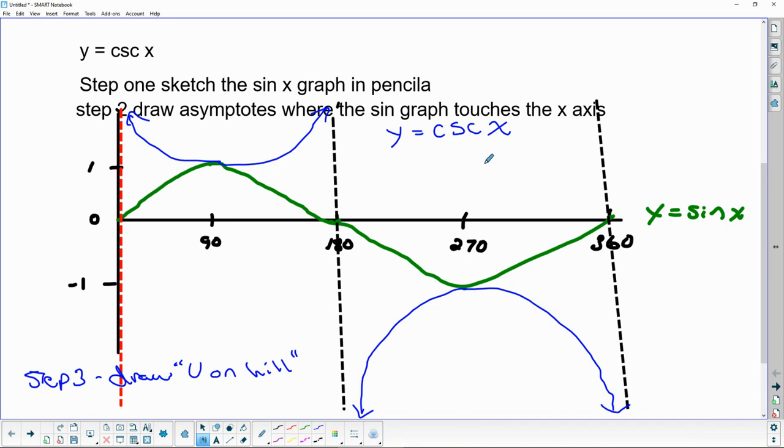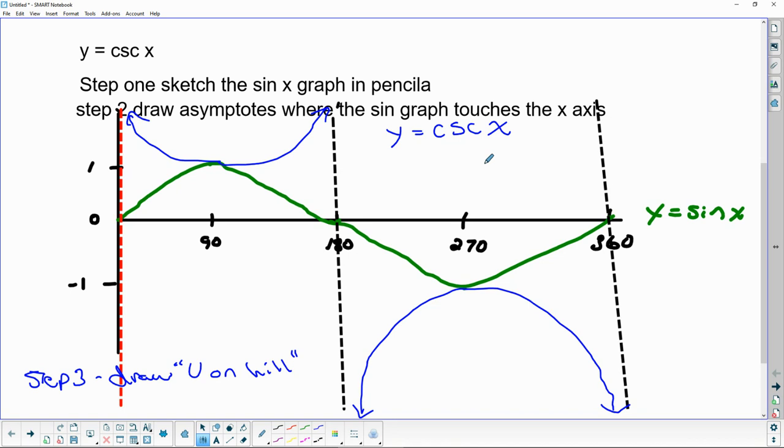All you have to do is draw, and then you could erase the green part, and then the blue would only be the cosecant graph. Now, if you did it in Desmos, you wouldn't see the asymptotes, but you'd see the two U's. It still has the properties of the cosecant graph.